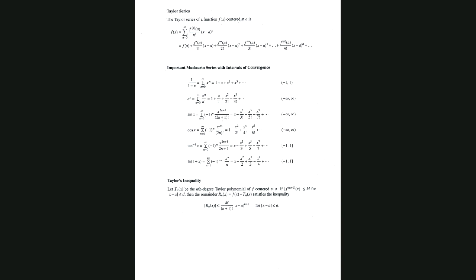I notice that the function at a equals 0 is 0, the first derivative is 0, and the third derivative is 0. So of course that gets reflected in my answer. But you just basically follow the formula and you can't go wrong.